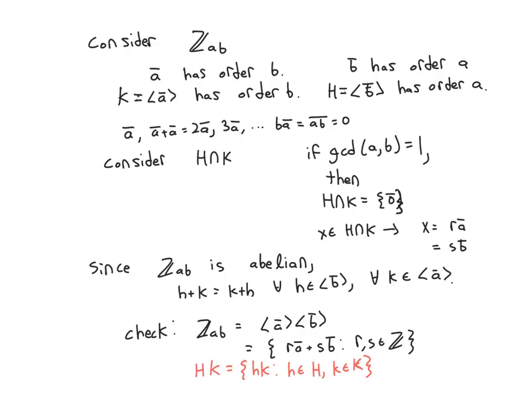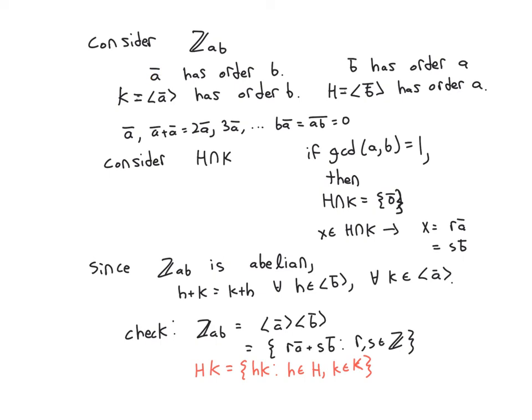Here's our first example. Let's take the cyclic group Z mod AB. Notice that the element A bar has order B. A plus A is 2A. A plus A plus A is 3A, dot, dot, dot. When you add A to itself B times, you get AB. And AB is 0 mod AB.